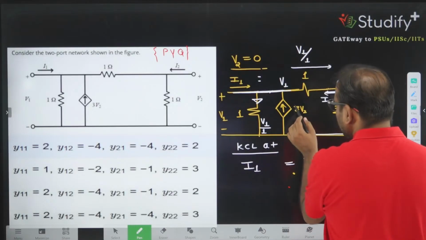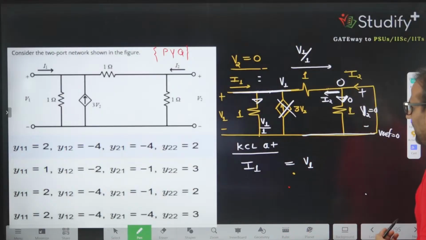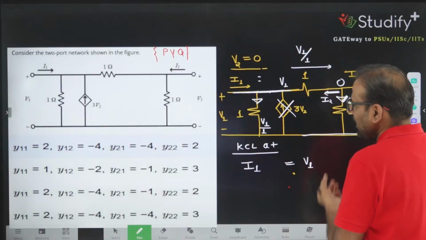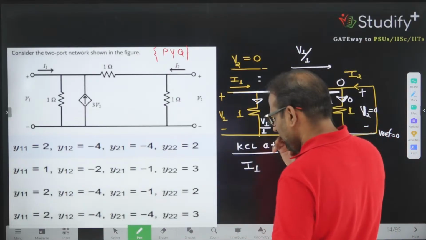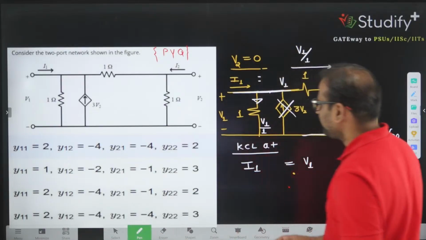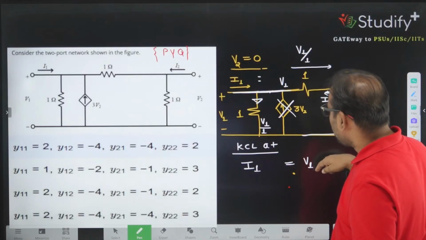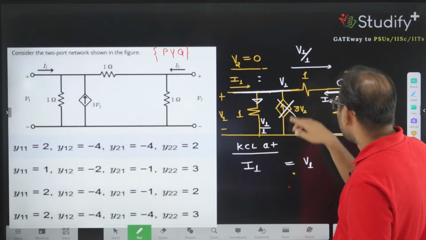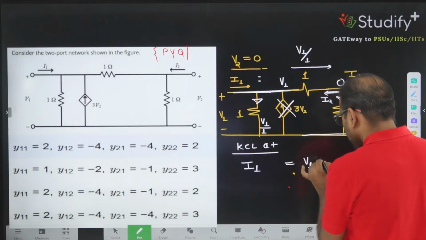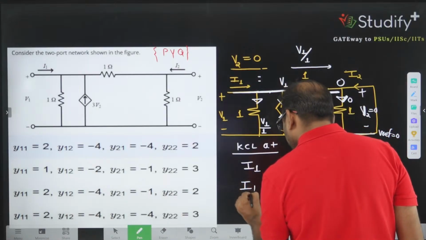Okay, V2 is equivalent to 0, so I can consider this as open circuited. Things are very easy. I can write the direct solution also, but I have considered this as V1, that's why we are calculating that much. But yes, fine. V1 by 1 is going away from the node, and I1 current is coming to the node. And what is one more current going away from the node? It is V1. So the first parameter is given, I1 divided by V1 ratio.